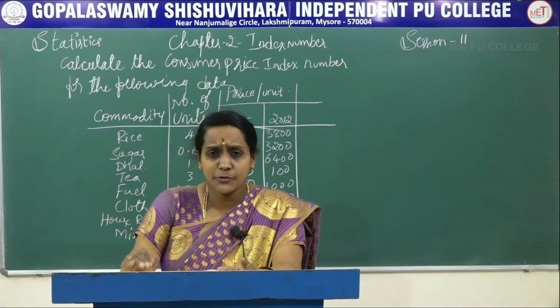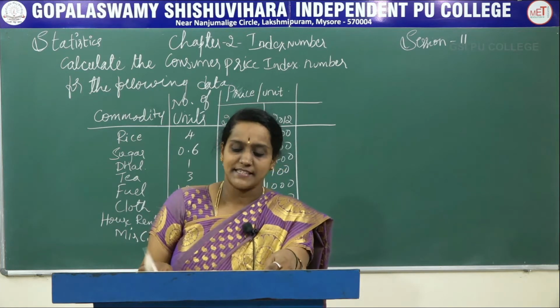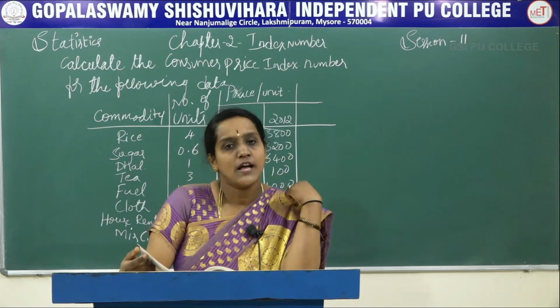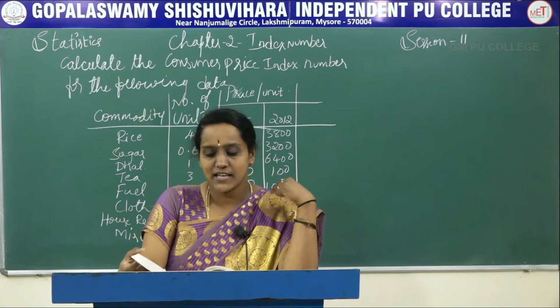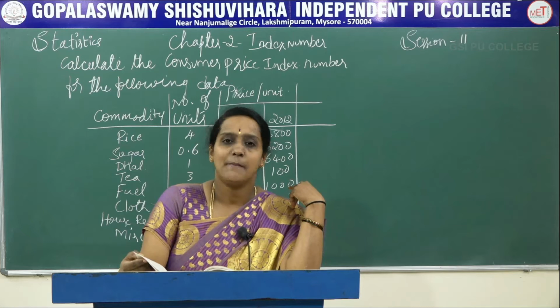So in today's class we are going to solve consumer price index number problems. In consumer price index number we have two methods to compute. One is the aggregative expenditure method, and this expenditure method is nothing but our Laspeyres price index number method.